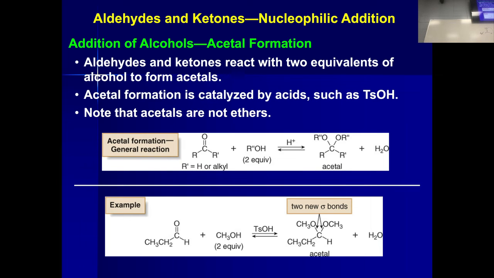What's special about water? Hydrogen bonds. It's the oxygen bound to a hydrogen, right? Or two hydrogens. What else has an oxygen bound to a hydrogen functional group that we've talked about? Alcohols. So if I can do this with water, I should be able to do this with alcohols. Okay? And in fact, we can.